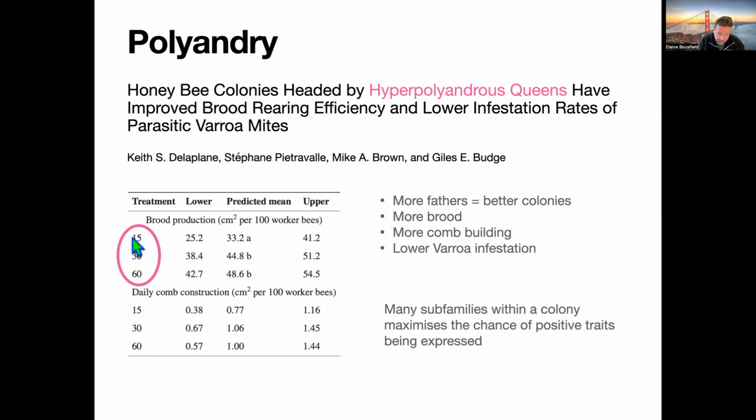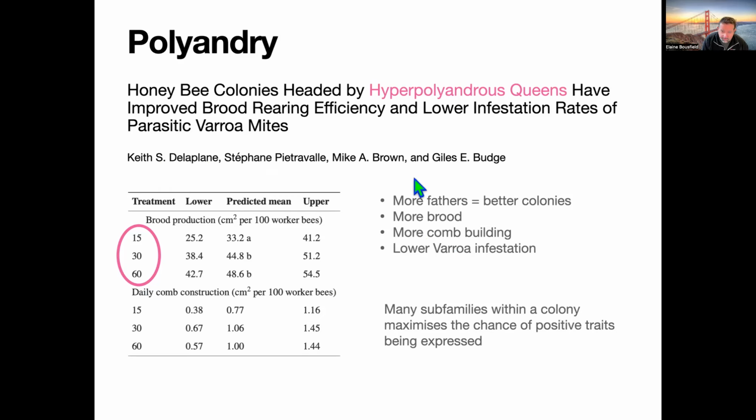So some queens were inseminated with sperm from 15 different fathers, and 30 and 60. And then they were able to look at what happened to the bees and how they performed.